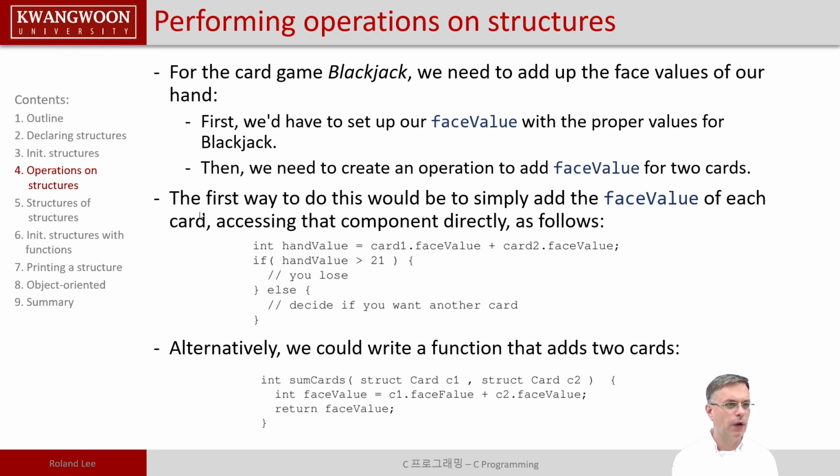So here, okay, the first way to do this would be to simply add the face value of each card. Here we go. We need to create an operation to add face value of two cards, accessing that component directly as follows. Hand value, it says, we do immediately this int sum cards.